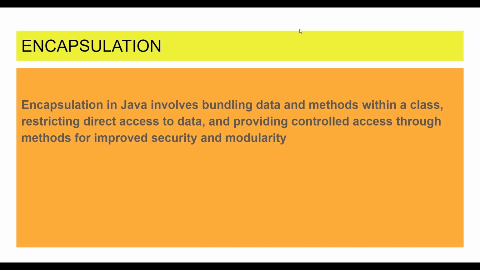And it doesn't need direct access as well, because why do I need to know how the internal working of the touch screen goes, until and unless I need to resolve some issue. So let's take a Java example.